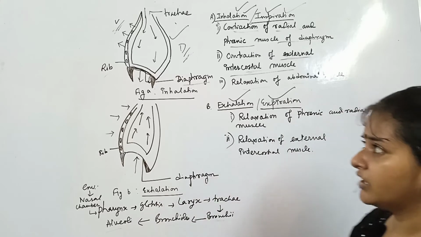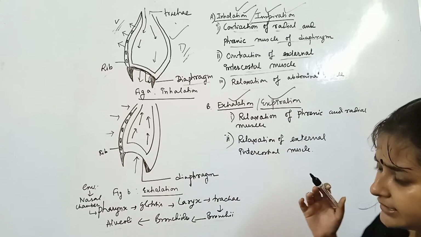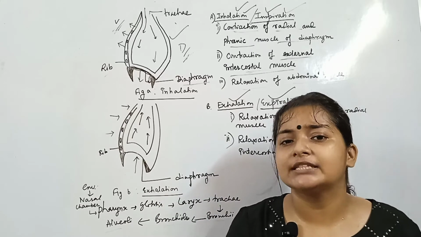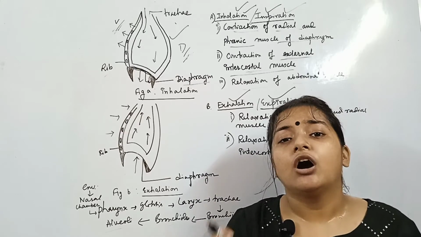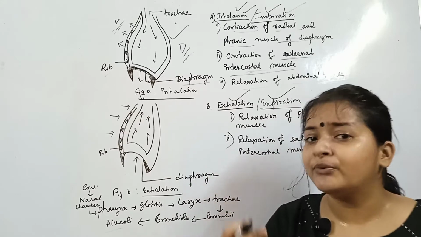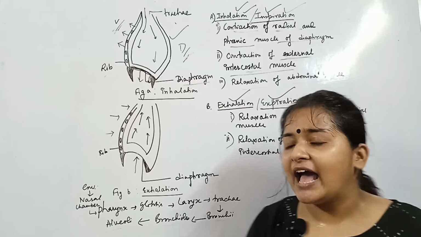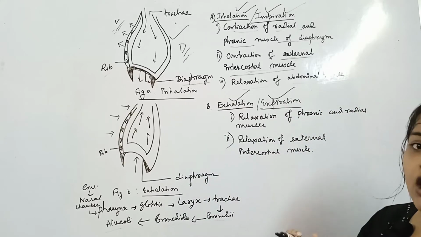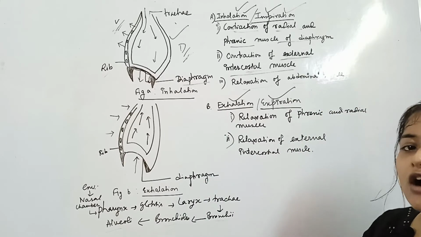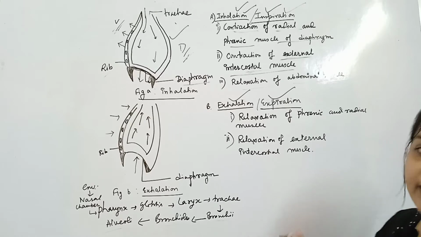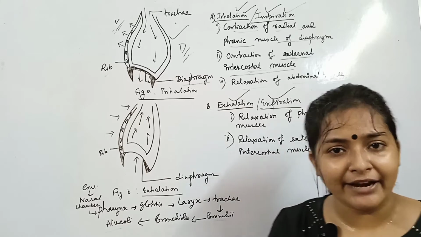Okay, now what happened? After the gaseous exchange takes place, this CO2 needs to be released out, and this phenomenon of releasing of CO2 is known as exhalation or expiration.